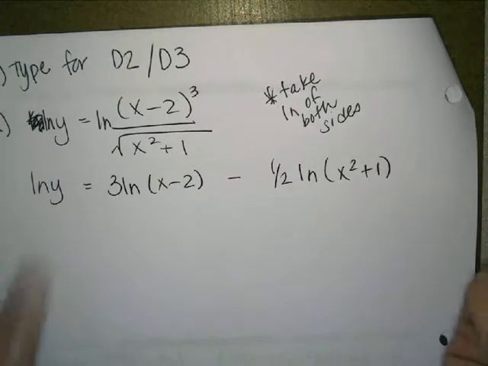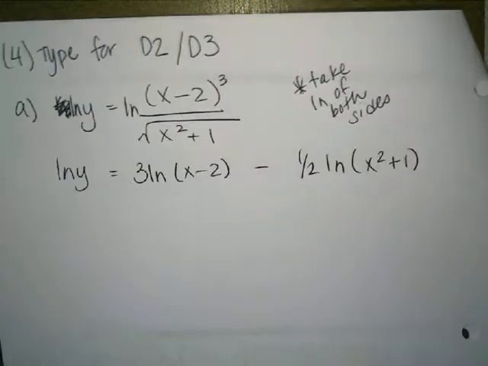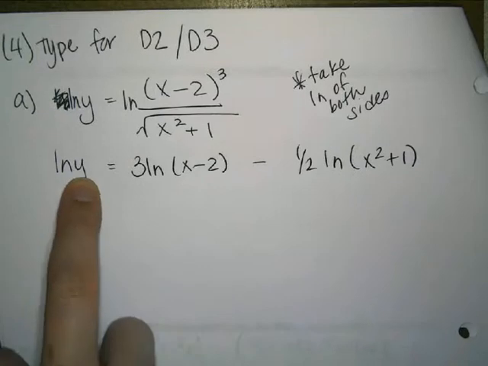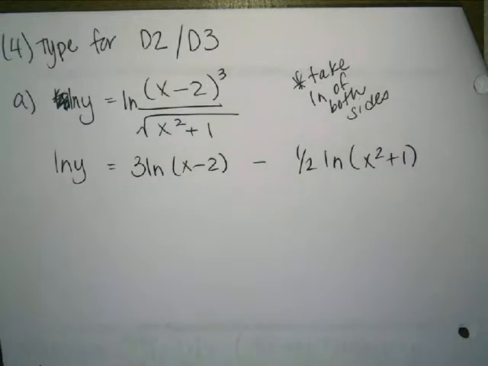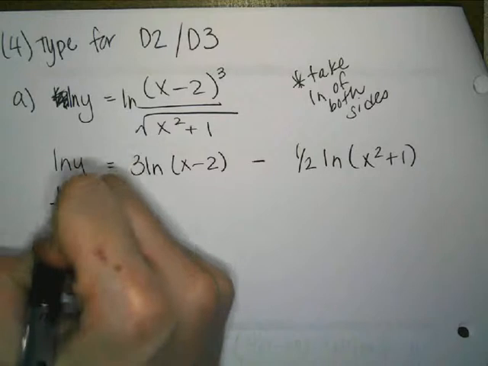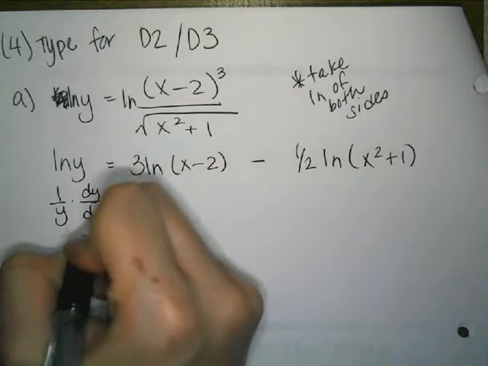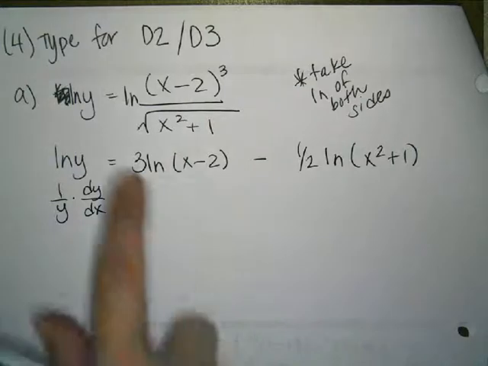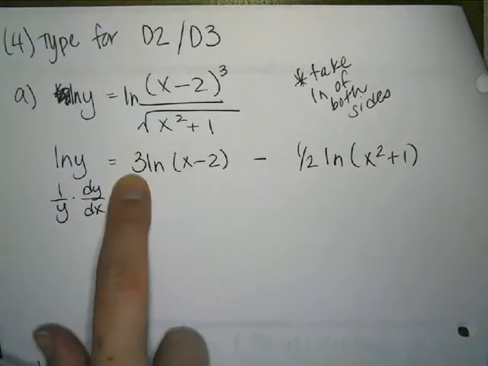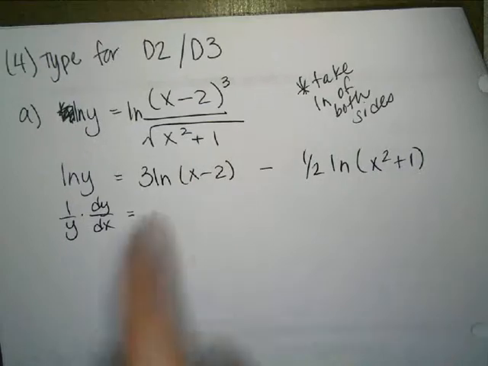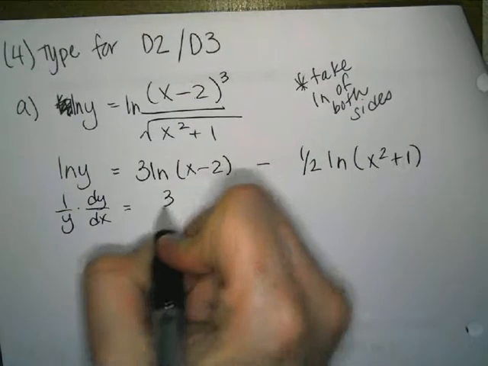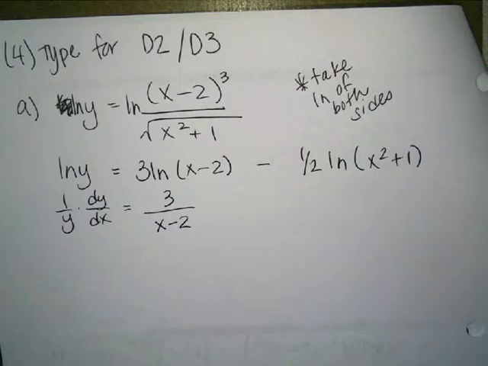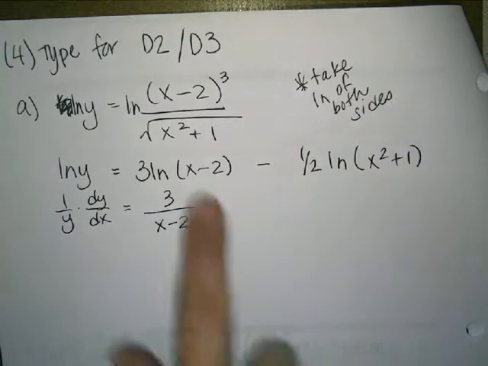And then we take the derivative from left to right. Now, the derivative of ln of y is 1 over y times dy over dx. It's like we're taking it implicitly. So we have 1 over y times dy over dx. Then the derivative of this would be u prime over u, which would just be 3 over x minus 2, because the derivative of u is just 1.